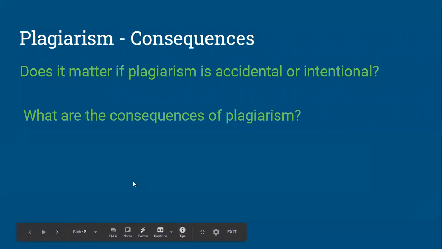You could be kicked out if there are multiple incidents, right? So it hurts your grade, it hurts your student file. You're under the magnifying glass, honestly, too. It's harder to trust a student who has plagiarized.